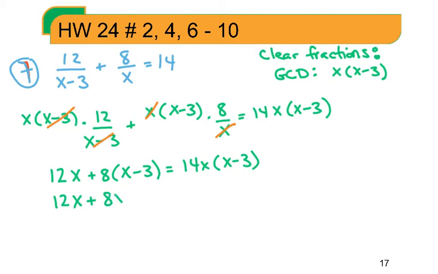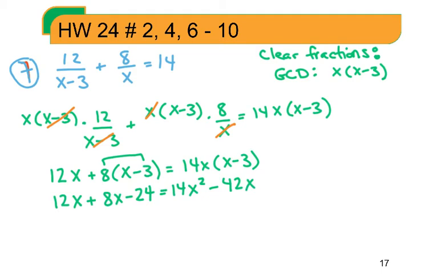This will be 8x. We have 8 times negative 3, that's minus 24. This equals 14x squared minus 3 times 14 is 42x. All right.